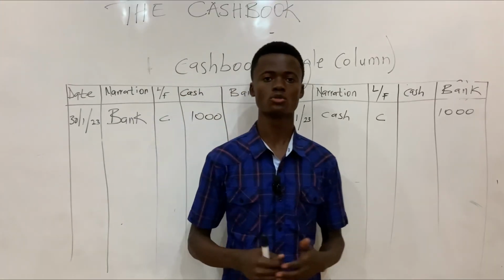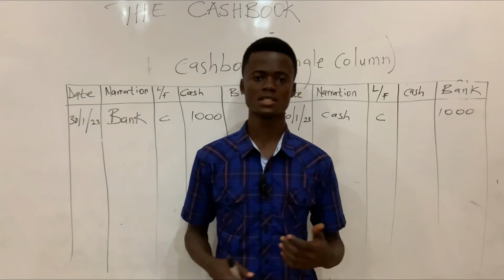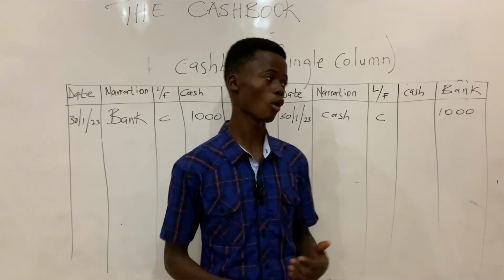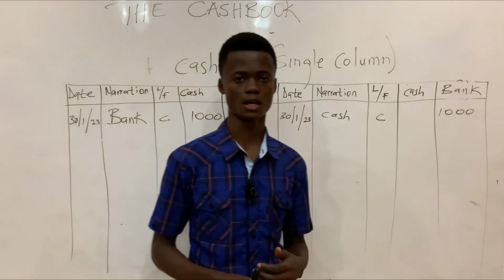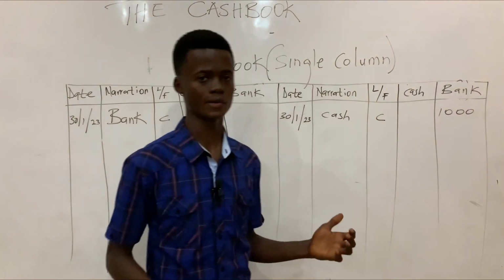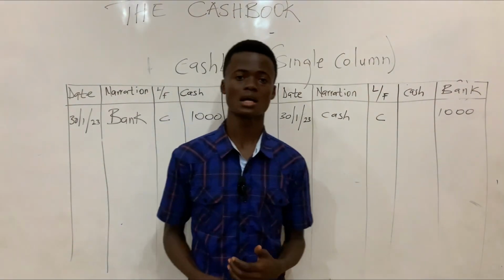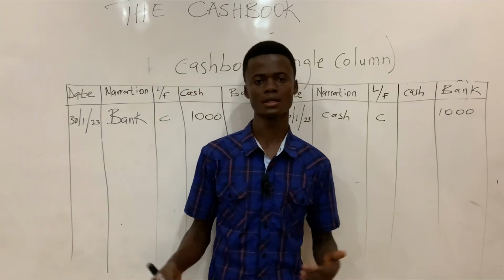And the next one that we need to throw light on is the bank overdraft. Bank overdraft is said to happen when the balance BD of the bank column of the cash book is on the credit side of the cash book, and thus when the bank column of the cash book is having credit balance. This is as a result of excessive withdrawing out of money than what was taken in.